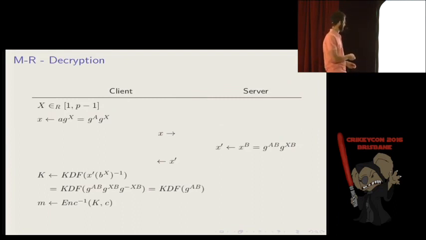And then this value, X prime times the inverse of Bob's, or the server's, public key to the power of x, actually works out to the secret that we performed the original key derivation with, g to the ab. And then we can perform the decryption with this derived key to obtain the original message. So that's how that works. Are there any questions at this point?